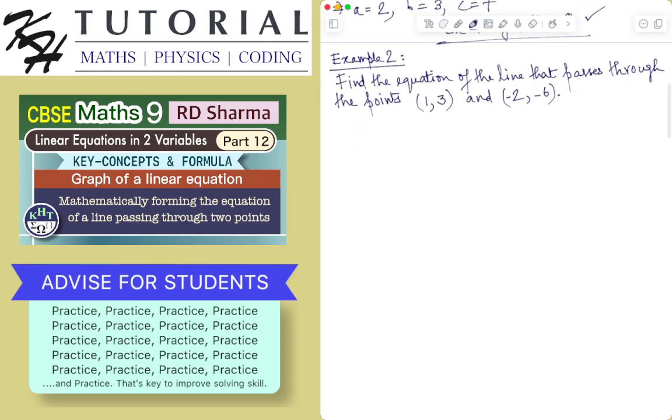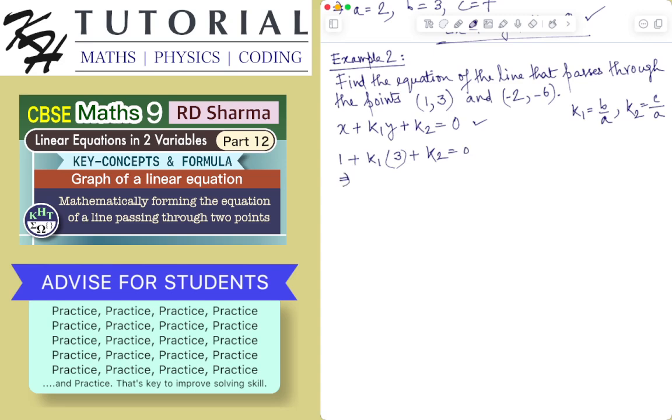Okay, so the transformed equation of the line was x plus K1y plus K2 is equal to 0, where we know that K1 will be equal to B by A, and K2 will be equal to C by A. Now I will satisfy 1 comma 3 in this equation, and I will have 1 plus K1 into 3 plus K2 is equal to 0.